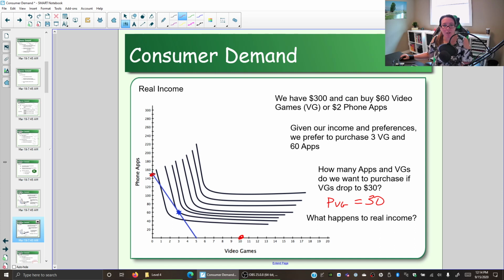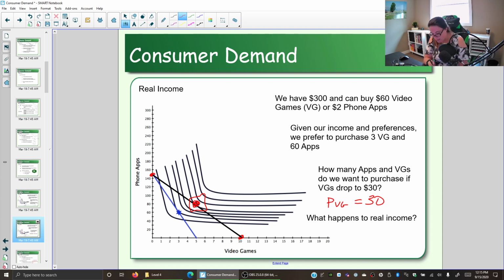So we drew a new budget line, and we found a new optimal consumption point. So notice at that new optimal consumption point, we are able to get more. Our buying power has increased. So when prices fall, your real income, not your actual income, but your real income, your buying power has gone up. And we can see that because we are now on higher indifference curves. We are now willing and able to get more.